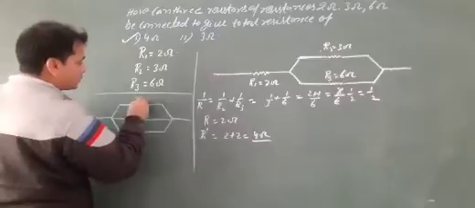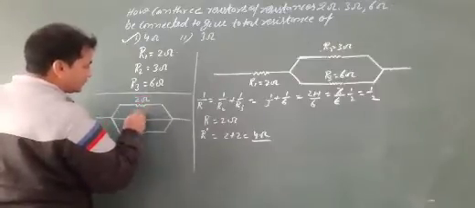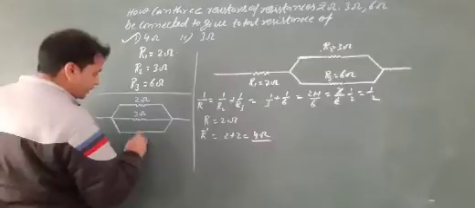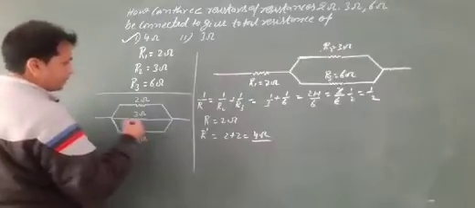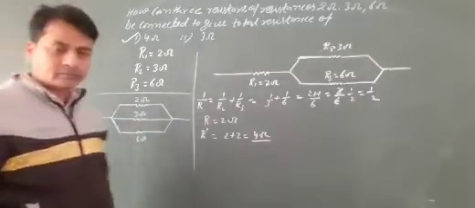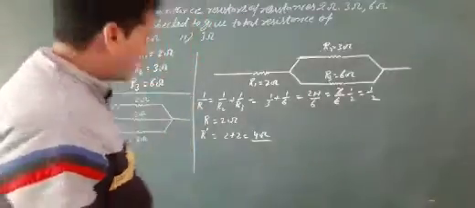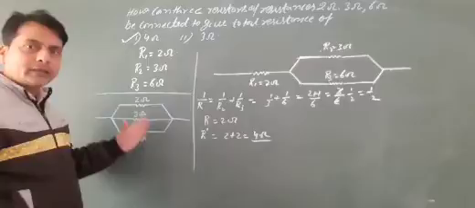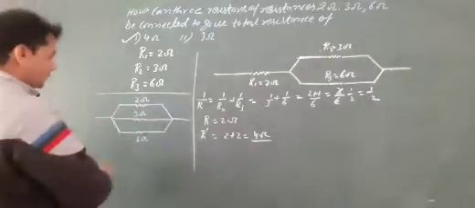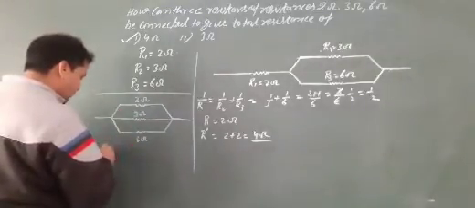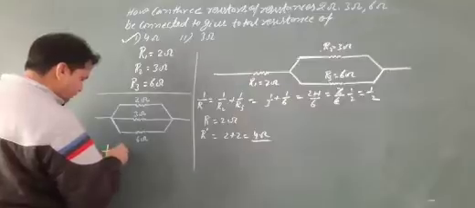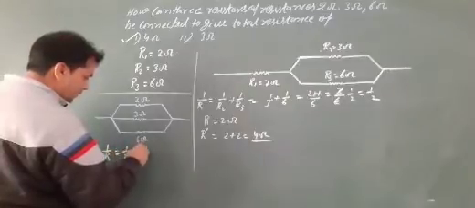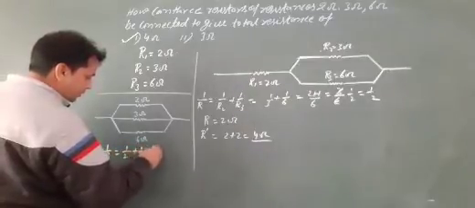So 2 ohm, 3 ohm and 6 ohm. Okay, now the equivalent total resistance is 1 by R equal to 1 by 2 plus 1 by 3 plus 1 by 6.